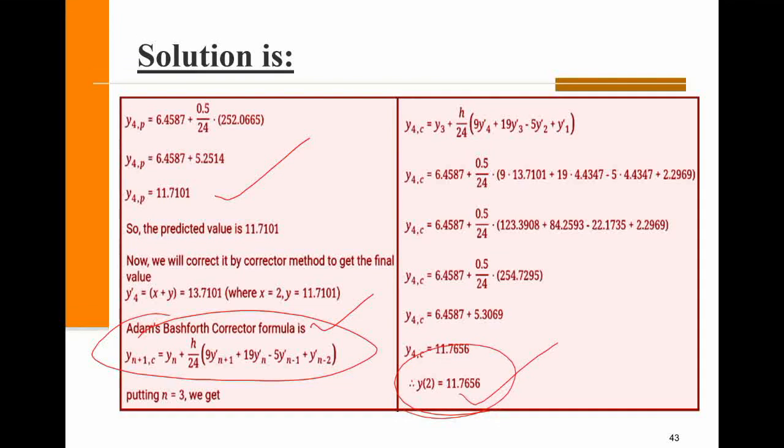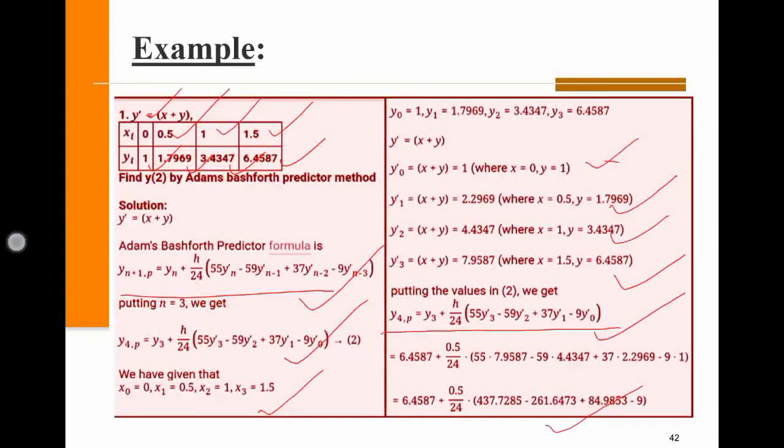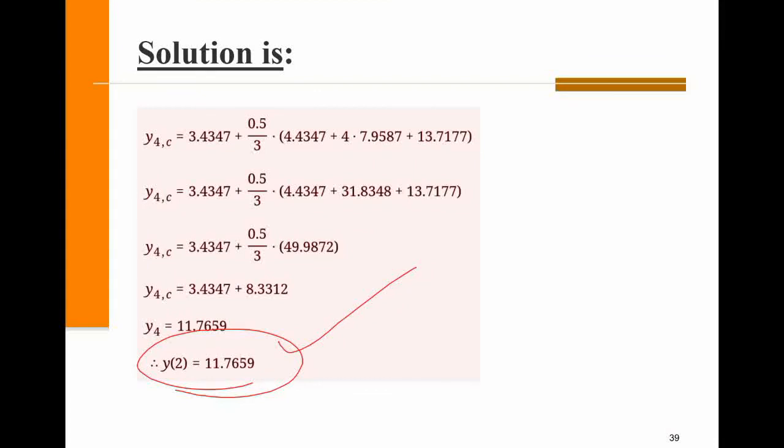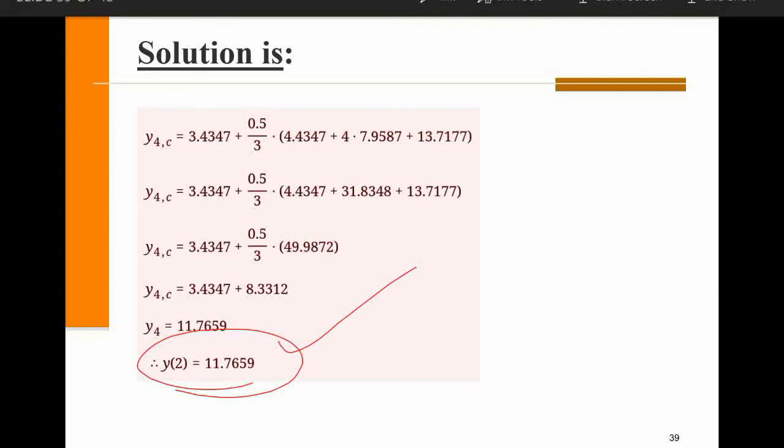Now let us see, just remember 11.7656, and this is your value by Milne's method, 11.7659. So the difference is very less, but it is more accurate as compared to Milne's method. You can compare the results with the exact method also, right?